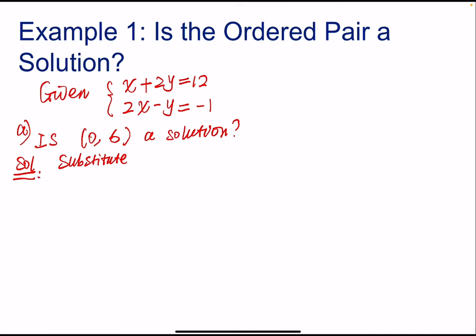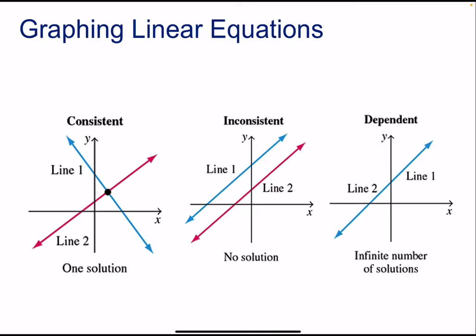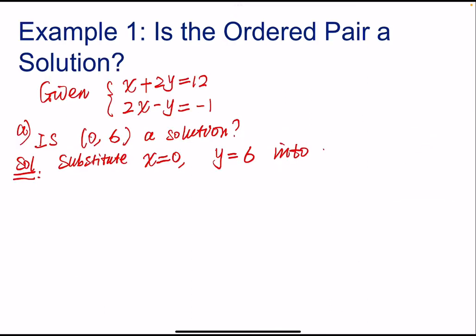Substitute x equals 0. By the way, ordered pair means that the first number is the x coordinate and the second number is the y coordinate. So substitute x equals 0, y equals 6 into the system.